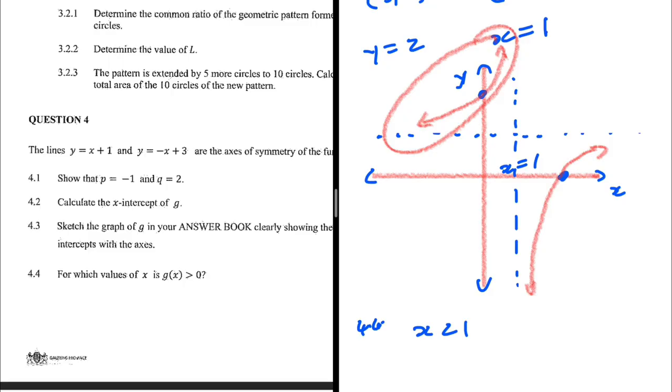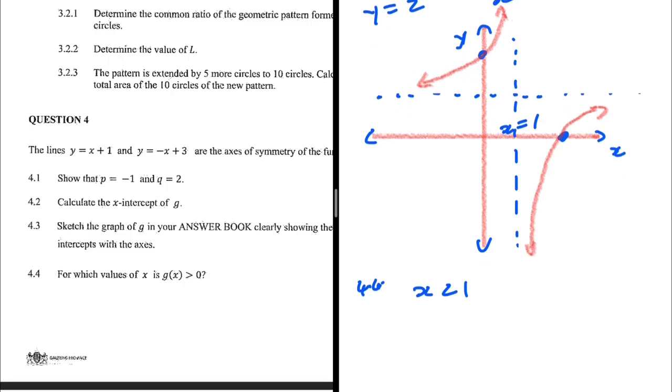And then when x is greater than 1, from here up to x is equals to 3, g of x is equals to 0 or less than 0. But when x is greater than 3, from this point up to infinity, clearly g of x will be greater than 0.